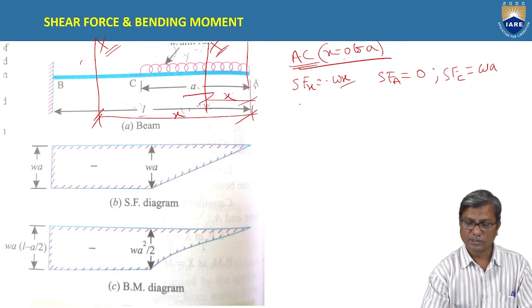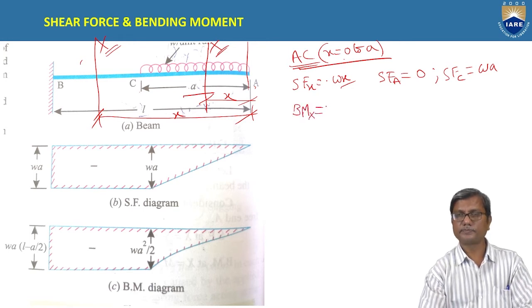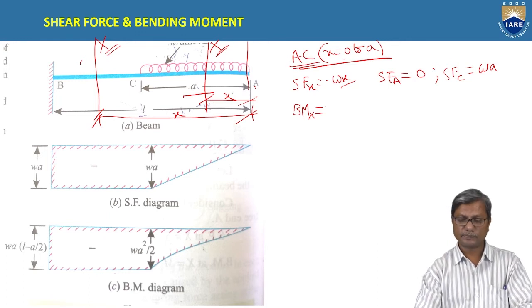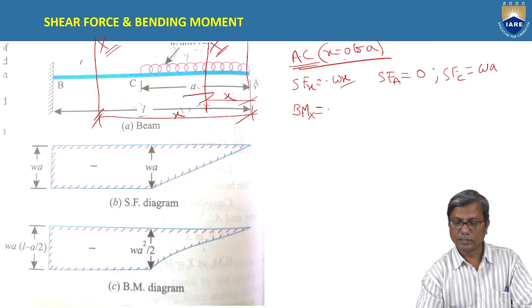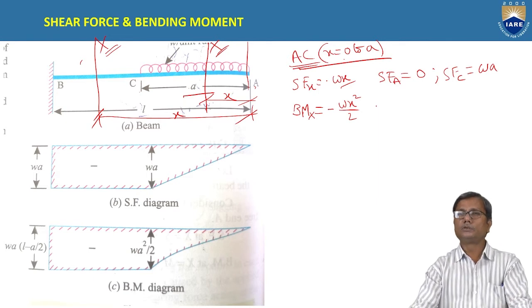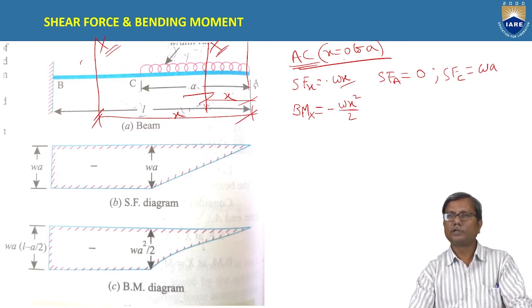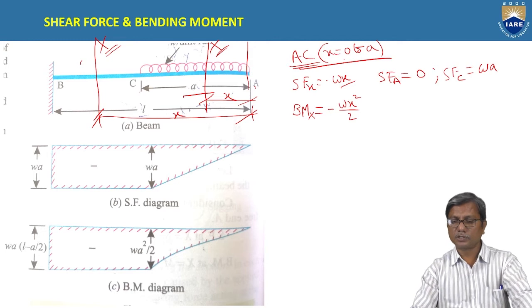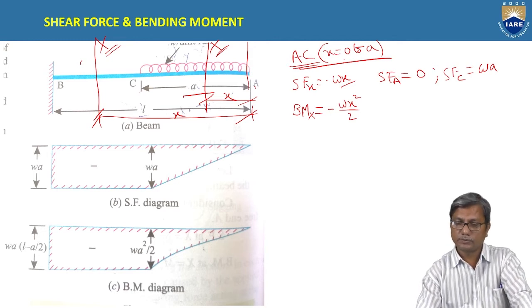Understand? Now we consider the bending moment also in portion AC. The bending moment at x is minus wx into x by 2, so it comes out to be minus wx square by 2.